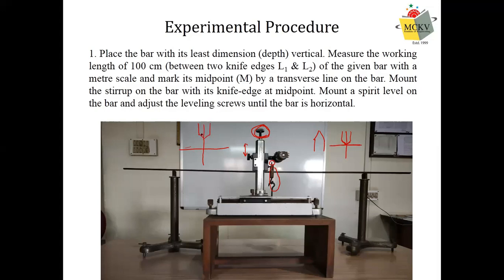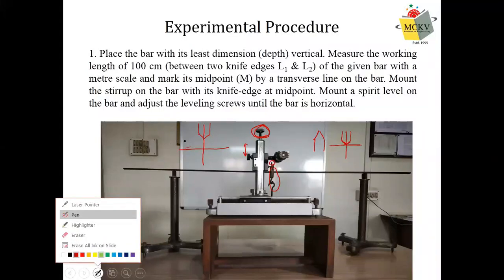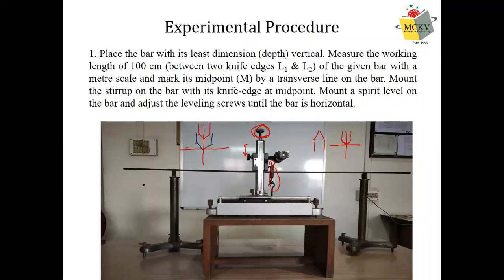So we'll make sure that it comes back to that position again by rotating this screw. When you rotate, obviously the main scale and the vernier scale values will change. We need to take the main scale and vernier values for that load, and we'll continue the process.